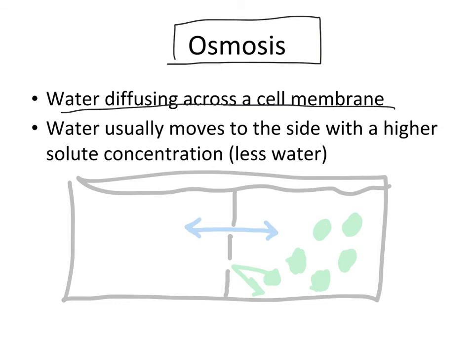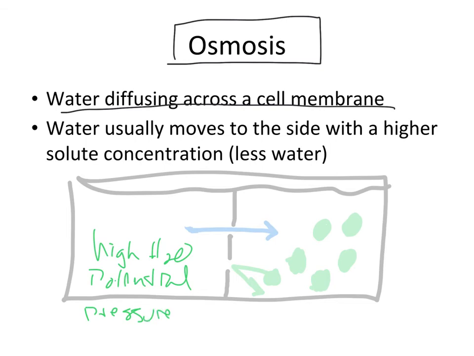If that's the case, then what's going to happen is we are going to end up with what's called a water potential or water pressure that's higher on this side, higher water potential or pressure, and lower water potential, also called pressure. It is water potential, but it helps to think of it as pressure.